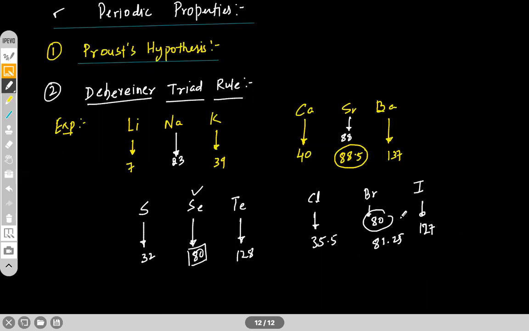What is the atomic mass of fluorine? And bromine is 80, so the average of fluorine and bromine is approximately 100. That's why fluorine, chlorine, and bromine do not follow Dobereiner's triad. It is not valid for all the elements, so we discarded this particular theory also.